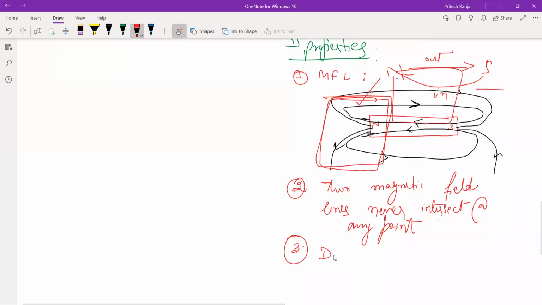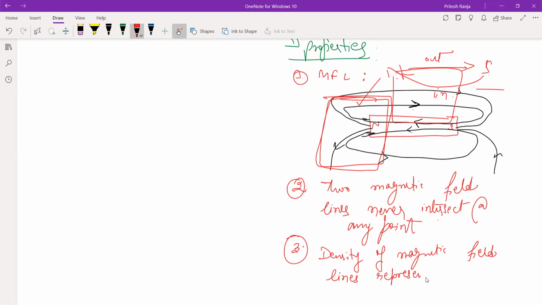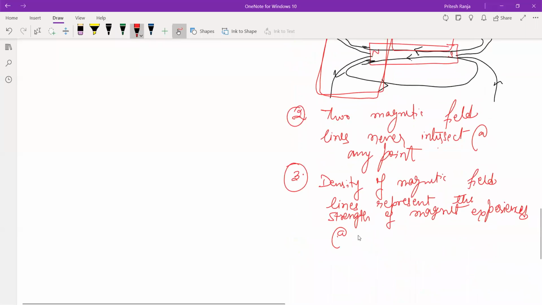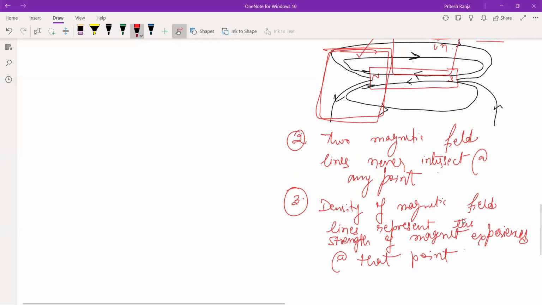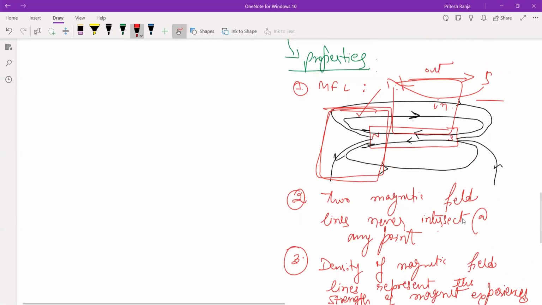That means the density of magnetic field lines represents the strength of the magnet experienced at that point, right? So more magnetic field lines present in a region indicates more magnetic field strength at that point.